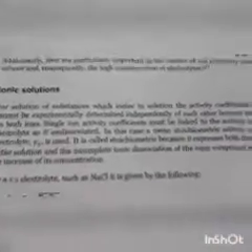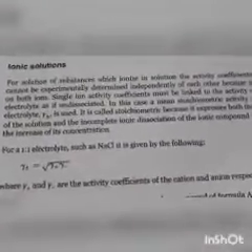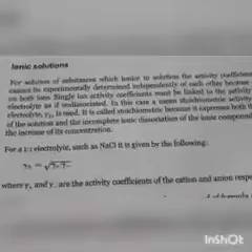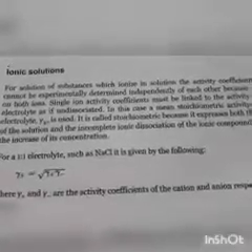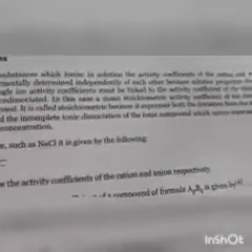Ionic solutions. For a solution of a substance with ions in solution, the activity coefficient of the cation and anion cannot be experimentally determined independently of each other, because solution properties depend on both ions.